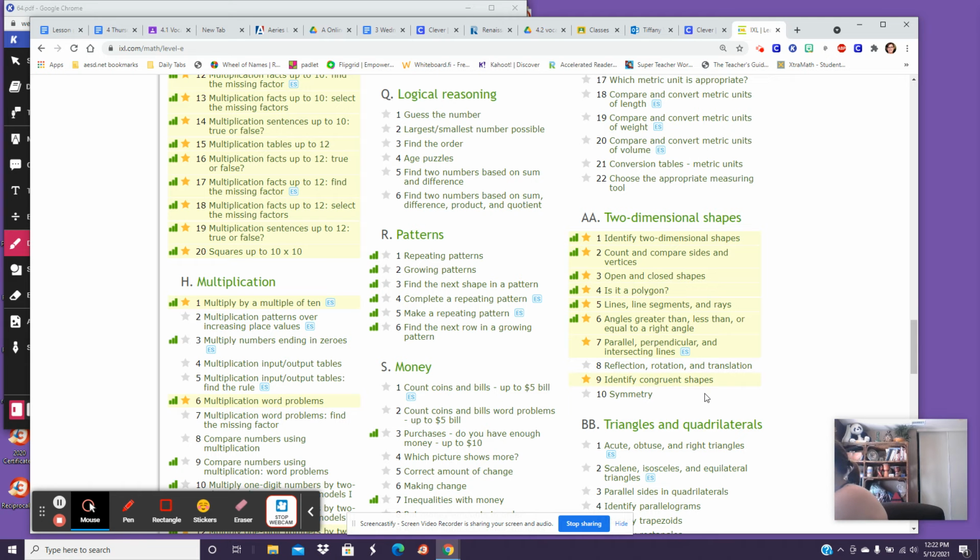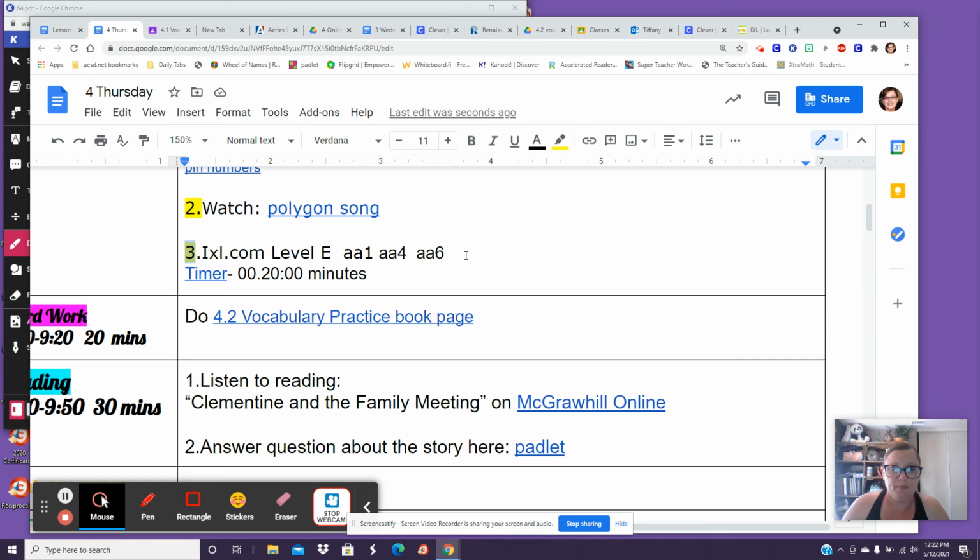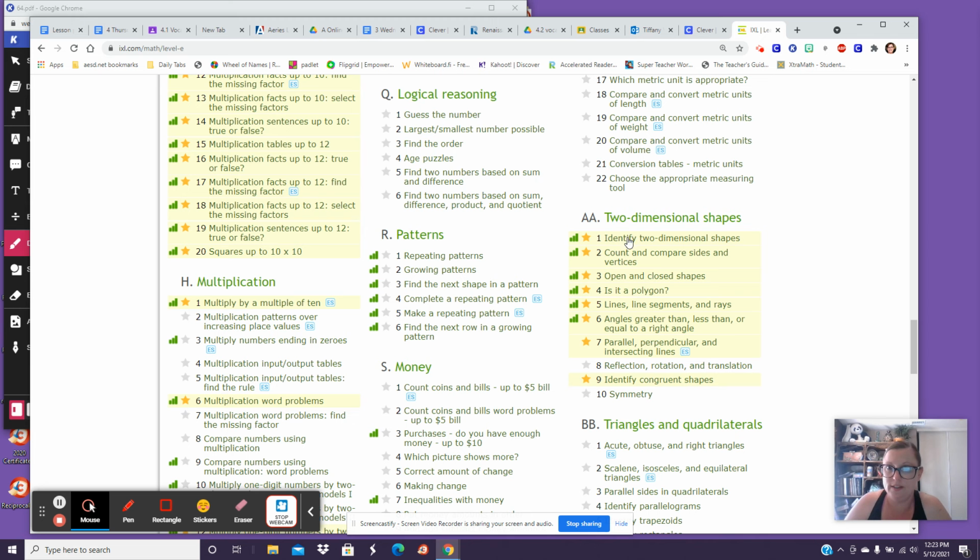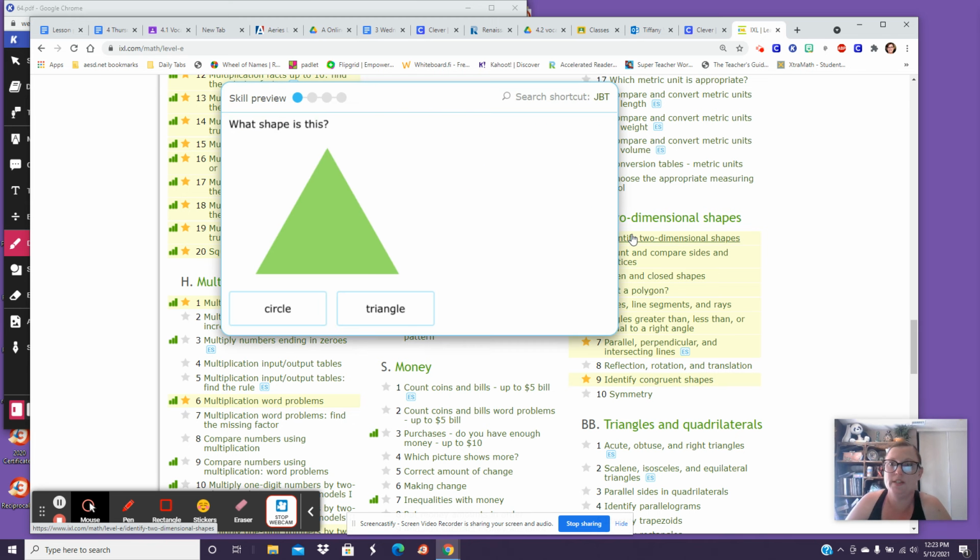It was on page 515. So I'm going to put right here, use page 515 to help you. That way, if you don't remember the names, you can look on it, and then you can choose the correct answer for identifying your shapes.